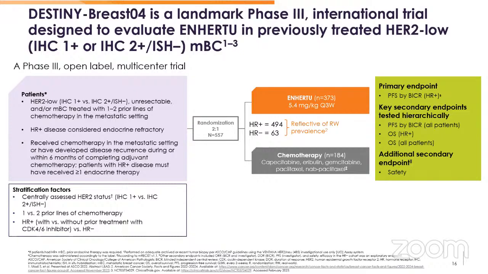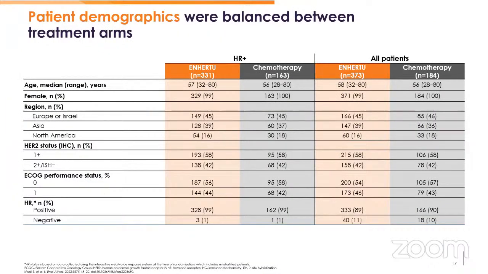So the populations were essentially well matched, and almost 90 to 99% of these patients were hormone receptor positive in either group. In the overall population, almost 90% of these patients were hormone receptor positive.